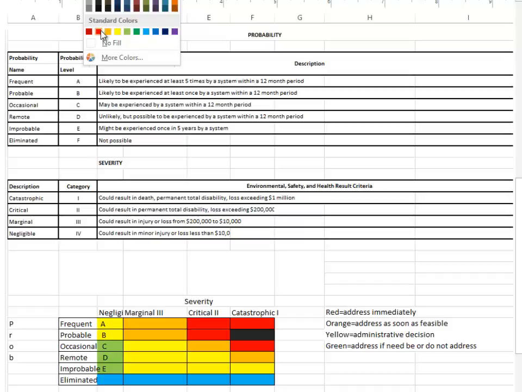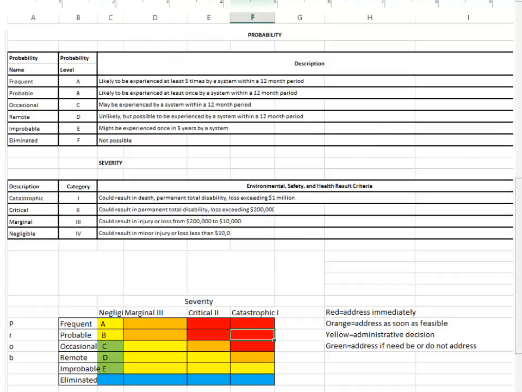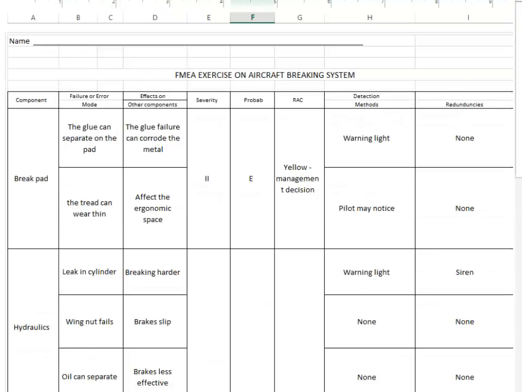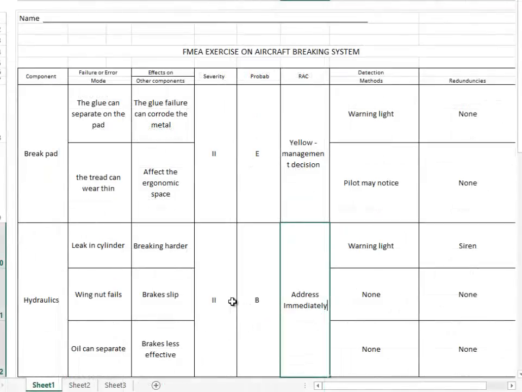Let's go back to our form and fill out 1 and then B. And what we do at 1B, that's the red zone. You know what the red zone always means. That means fix it right away. So address immediately.